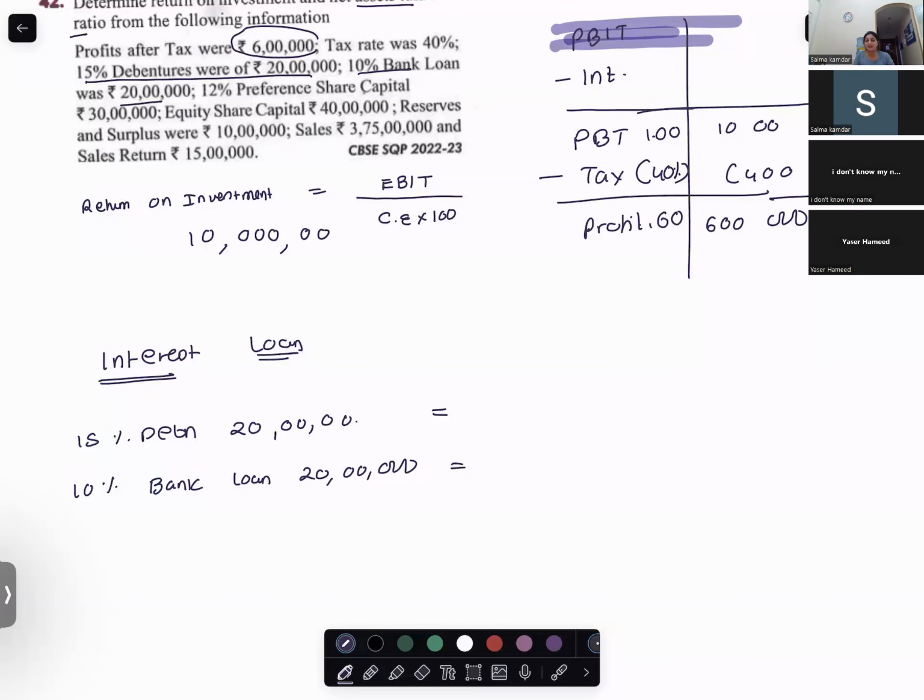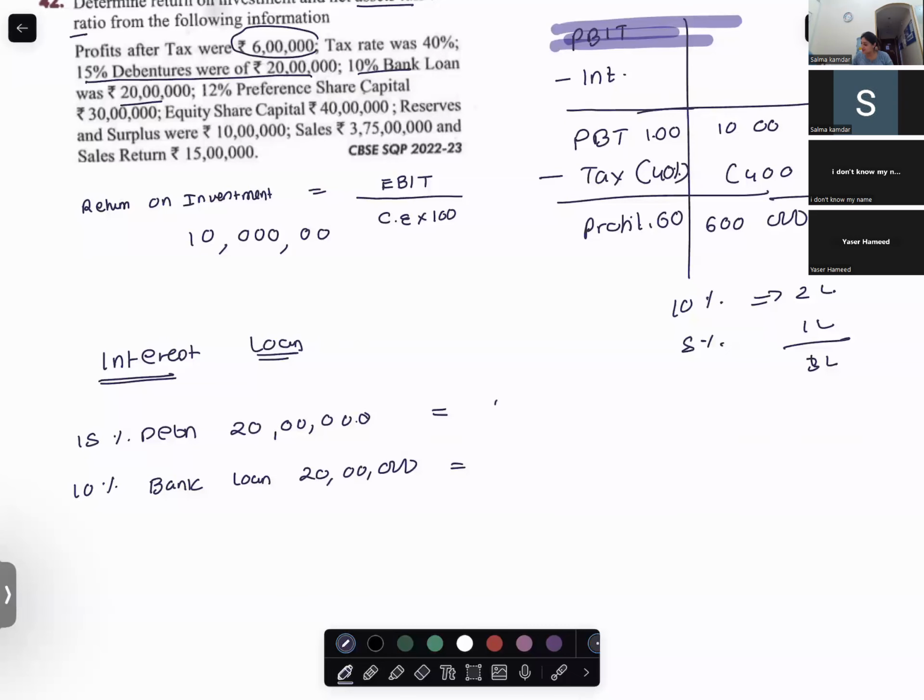So 15% on 20 lakh is how much? Interest on debentures is 3 lakh. Interest on the bank loan, 10%, that means you reduce 10, so this will become 2 lakh.